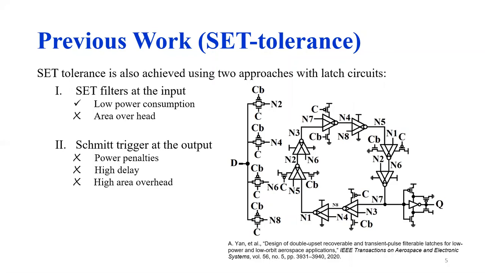There are also some Schmitt-Trigger based approaches that come with power penalties, high delay, and high area overhead. And the second approach is not as effective as the first one.